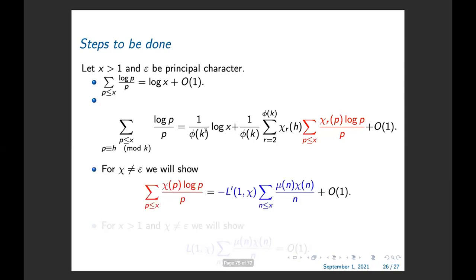Next we'll show that if chi is a non-principal Dirichlet character, then for any non-principal character chi, this sum is equal to this.